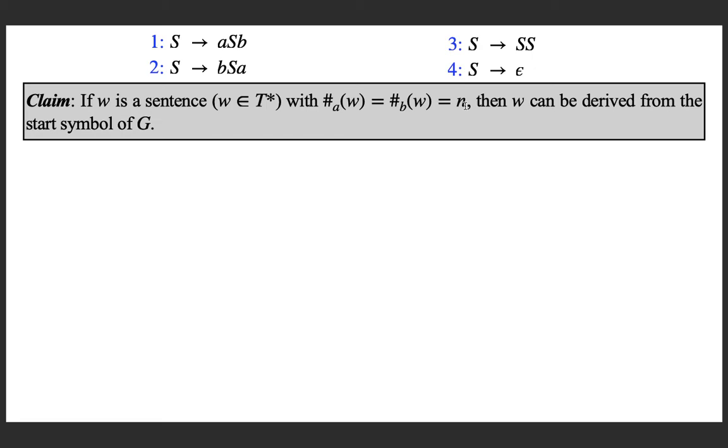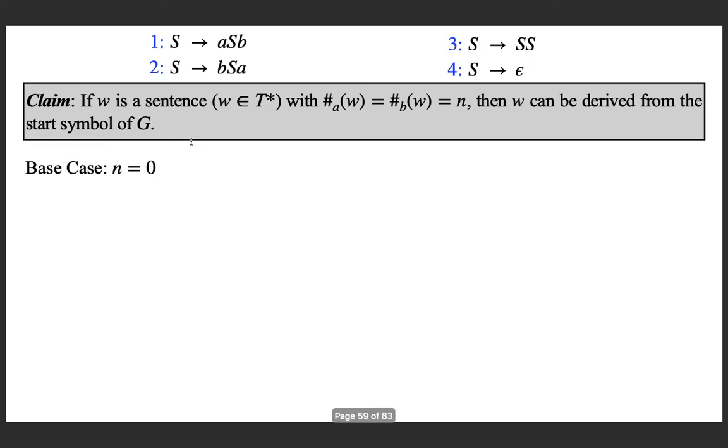See, in the previous case, for soundness, we were using number of steps in the derivation. But here we are using the number of A's in W, which is same as number of B's in W. If there are n number of A's and B's in W, for any natural number n, then we are going to prove that W can be derived.